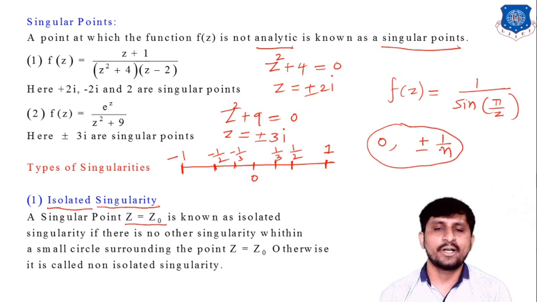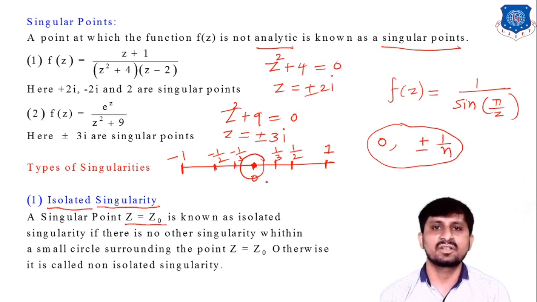Now all points are isolated singular points except one point. Which point? 0 is not an isolated singular point. Why? Because when you take any circle with center 0, at least for some n, plus or minus 1 upon n is definitely inside this circle.